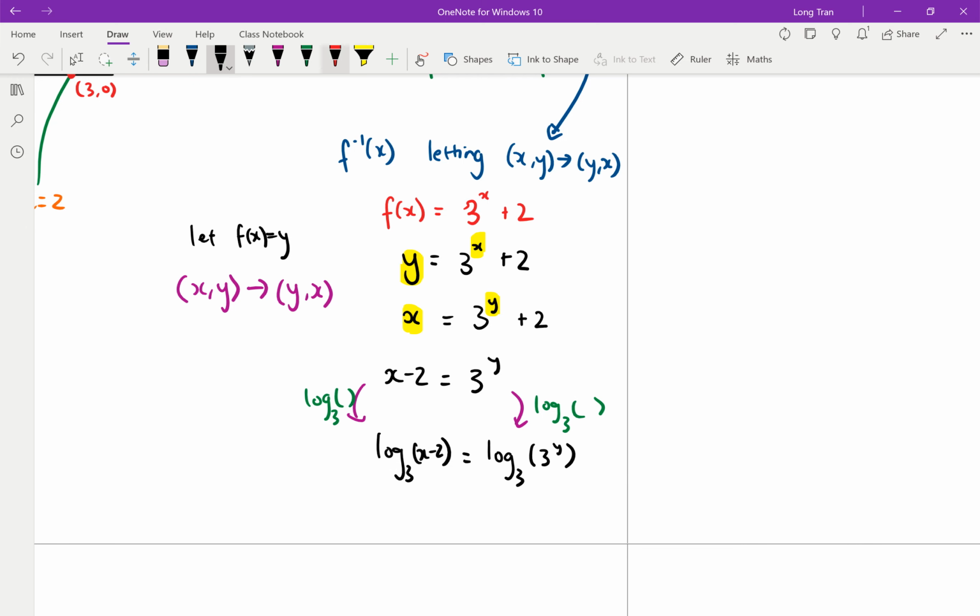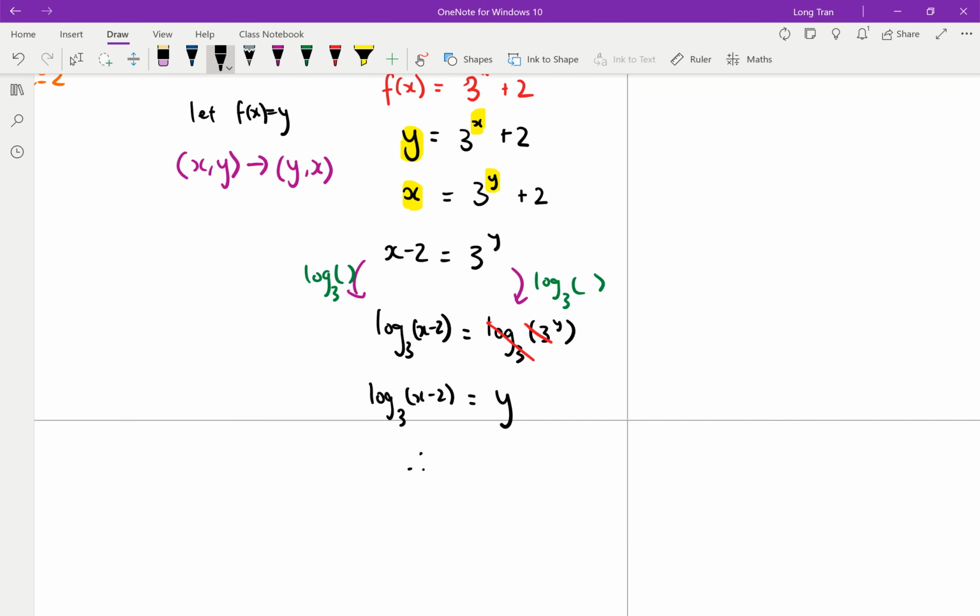We know that these are inverses of one another, so they will cancel out. And then you get y equals log base 3 of x minus 2. So this is my inverse: the inverse is equal to log base 3 of x minus 2.